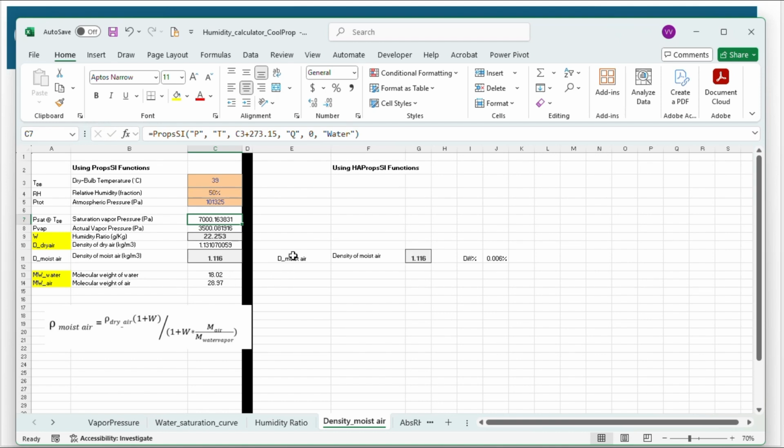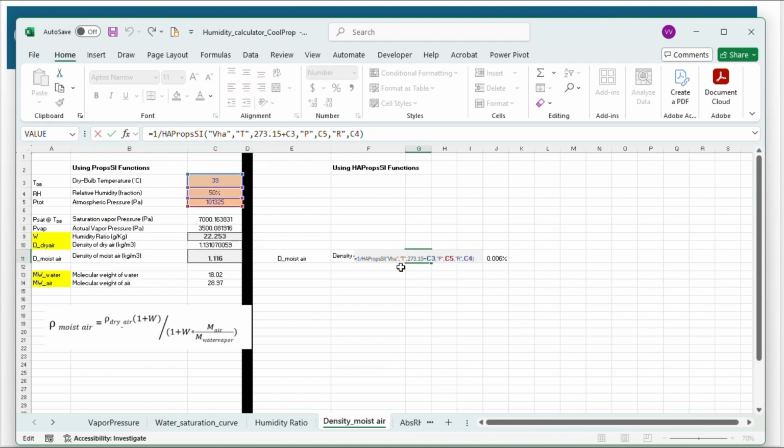Now, it's interesting that the HAPropsSI function makes this so simple because it's particularly meant for humid air properties. All you need is these three inputs. You don't need to calculate anything in between. In one step, it will help you calculate the density of moisture.